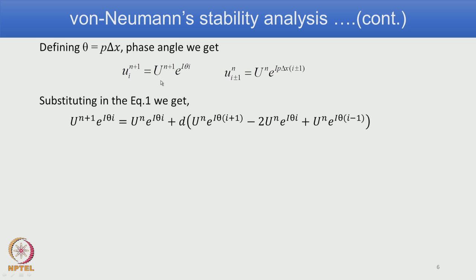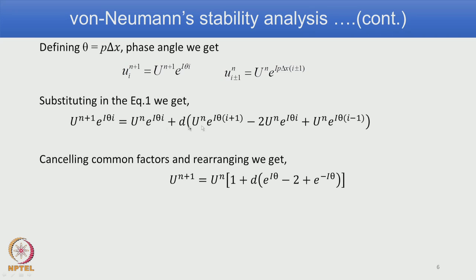Now, we substitute this into the original finite difference equation, which is written for the one dimensional diffusion equation, that is what is shown here. Now, we observe that e power i theta i appears both on the left hand side as well as in terms on the right hand side. So, you can cancel some of the common terms and then rearrange, it is purely arithmetic.